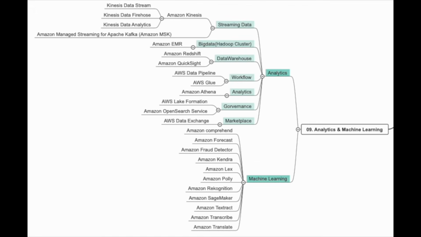The 9th topic is analytics and machine learning. It's quite a hot topic these days. In the analytics sector, there are services for real-time streaming data, services that support big data Hadoop clusters, and services provided in the form of data warehouses. There are workflow services that automate these data pipelines.